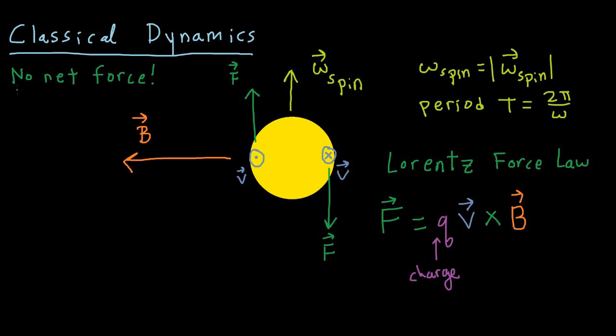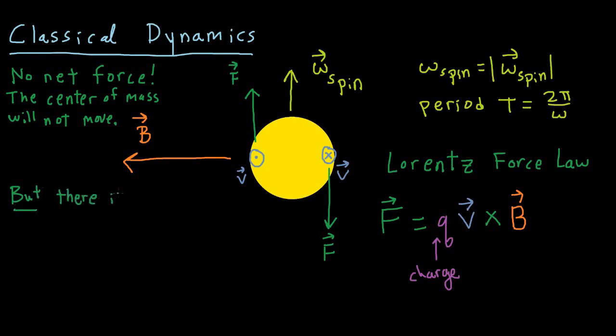So that means that the center of mass will not move. But, and this is the important part, there is a net torque on the sphere. So let's verify this.